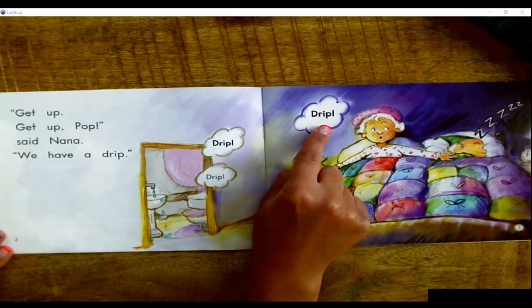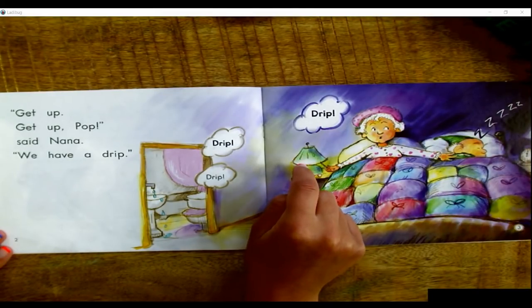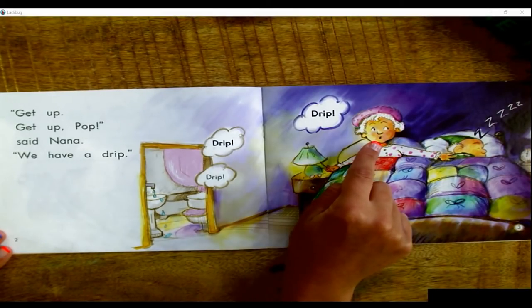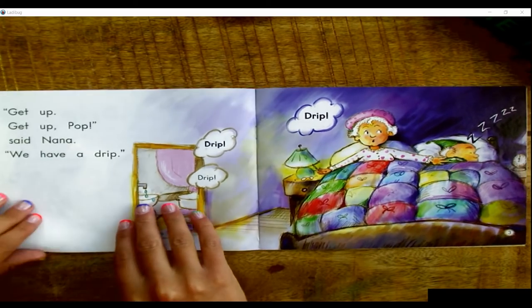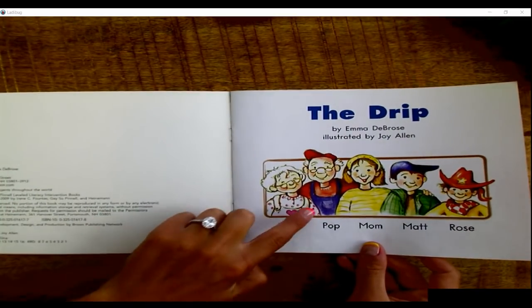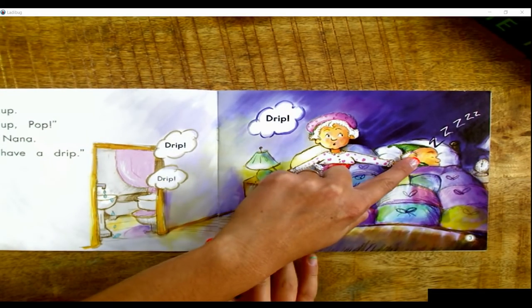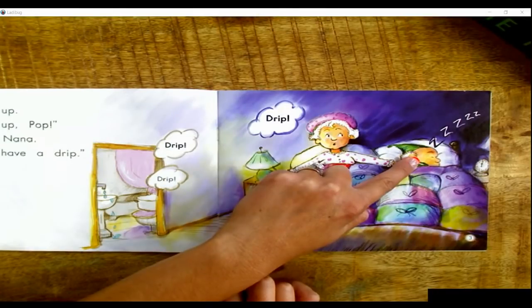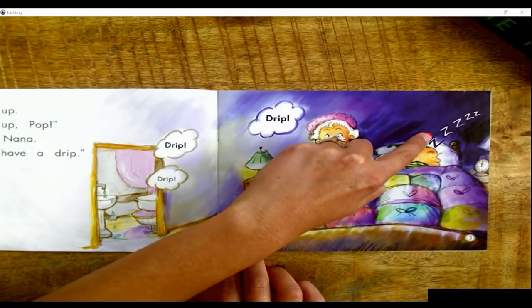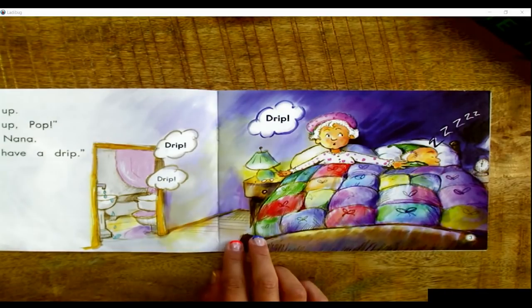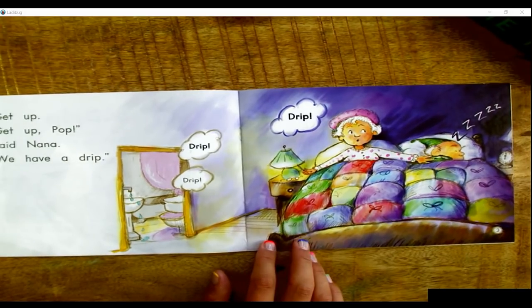So I'm going to really study this picture because I want to learn a little bit more about my characters and the setting. I see our characters that were from the title page is just Nana and Pop. And I can see them here. Here's Nana and here's Pop. What is Pop doing? I see the illustrator provided us with Z's to help us know he is sleeping and snoring.